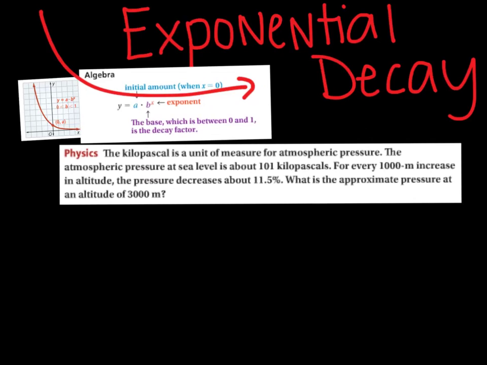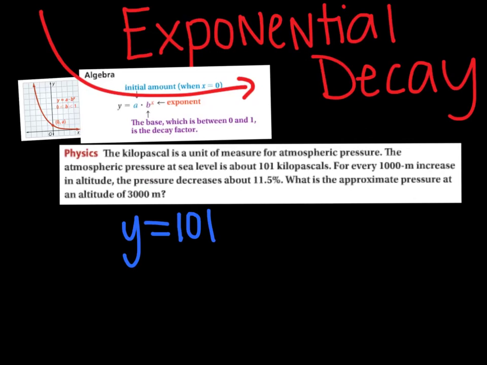So we're going to use the formula and just fill in what we know. The first thing I know is that Y equals, and that initial amount, my starting amount, is 101. Because that's at sea level.